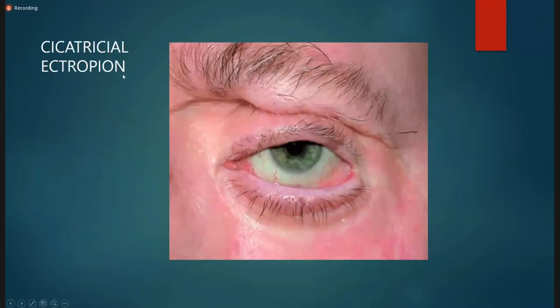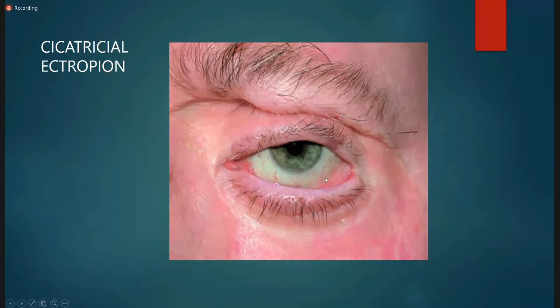This is a figure showing ectropion. How can you see this is ectropion? Look, this is medial margin. This is lateral margin. Why is it medial margin and lateral margin? This is caruncle and plica semilunaris. This is lateral margin. And the lid margin laterally is away from the sclera.